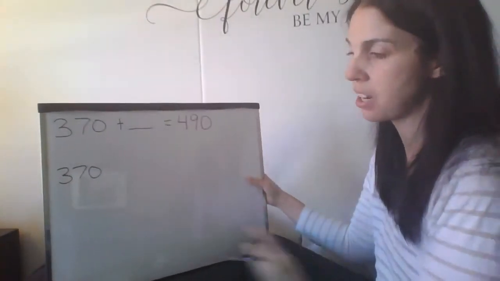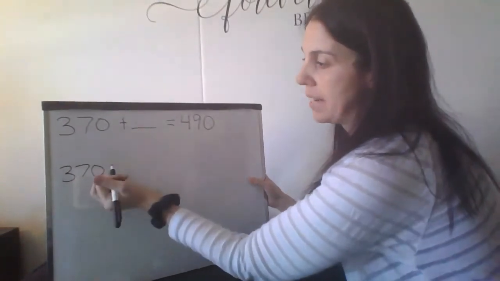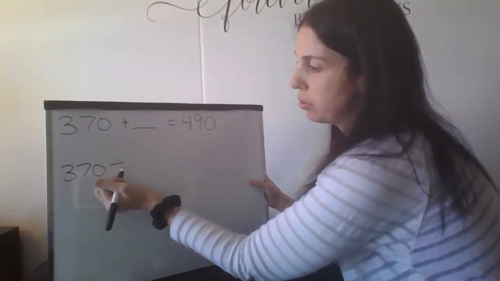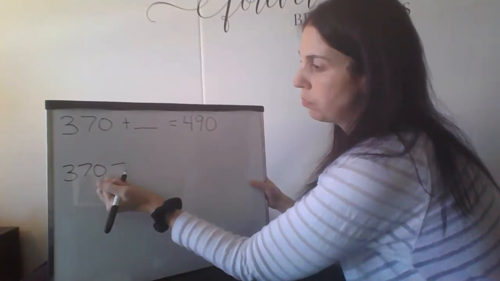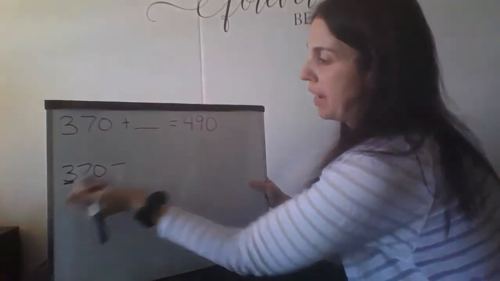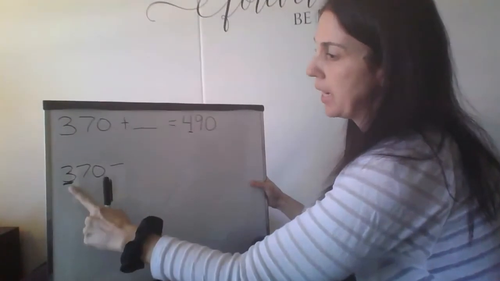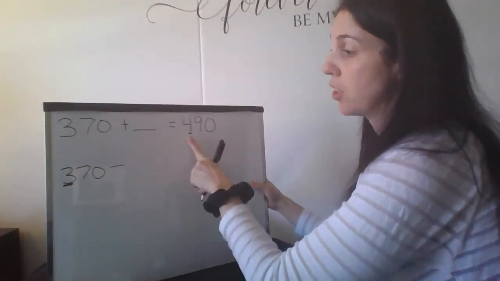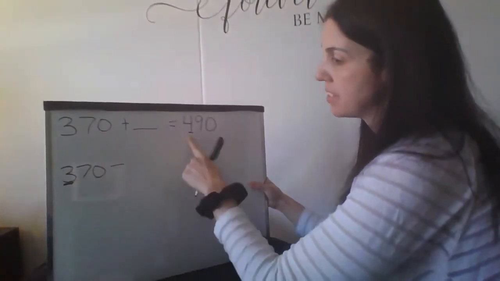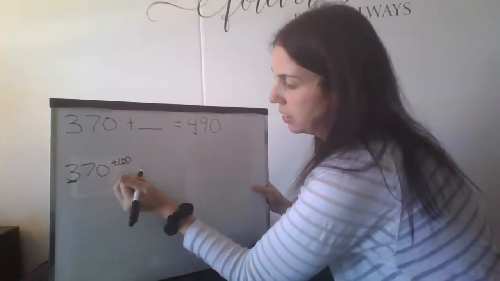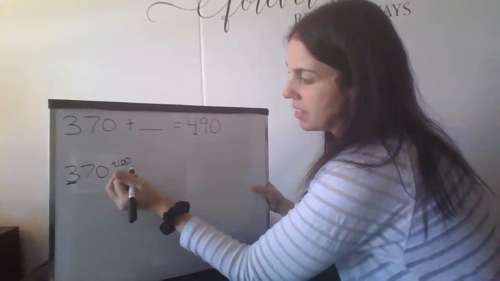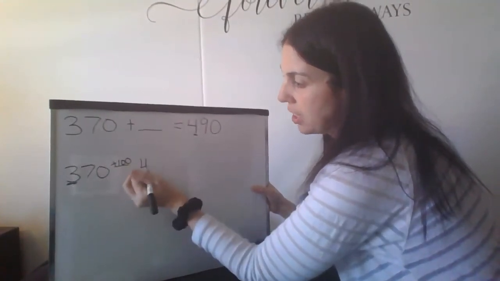So first I'm going to start with my tens, and I'm going to count up by tens. Actually, I'm going to count up by hundreds because I have 3, and I see I need to get to 400. So that makes sense that I would do plus 100. So I'm going to do that, plus 100. And then my answer is 470.